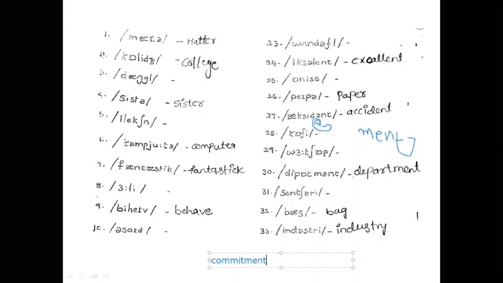Okay, not commitment. Why do we have to change it? When you say that full sound, okay, you have to open your mouth more. You have to give more, what can I say, force on your speech organs.